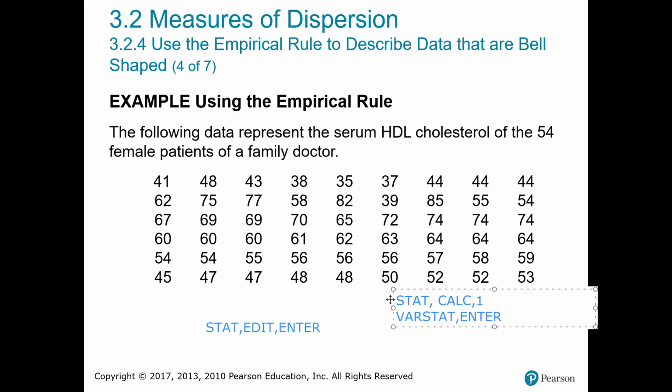When you press enter, your calculator will show all the results. You're gonna say list L1, frequency list empty, and calculate. Once you're done calculating, let me know what you find as your mean and standard deviation.